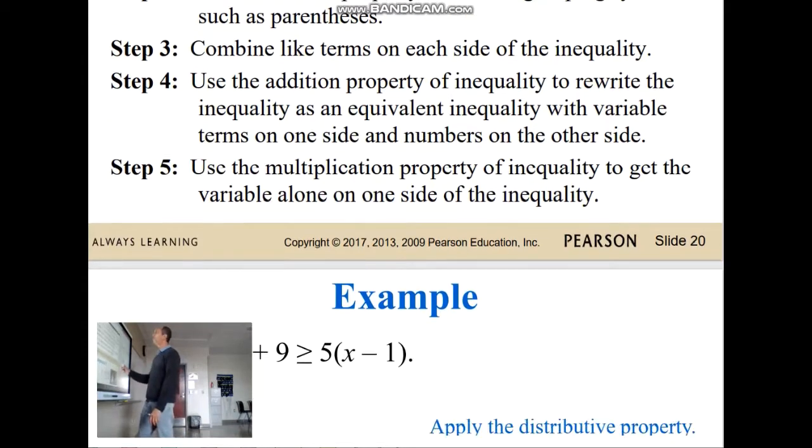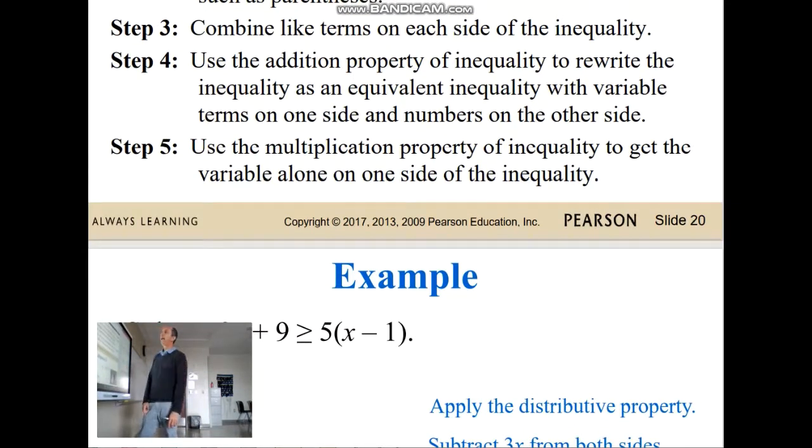Step 3, combine like terms on each side of the inequality. Step 4, use the addition property of inequality to rewrite the inequality as an equivalent inequality with variable terms on one side and numbers on the other side. So make sure you have variables on one side and numbers on the other.